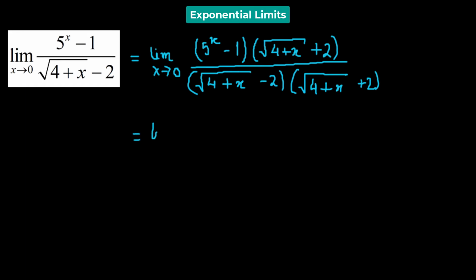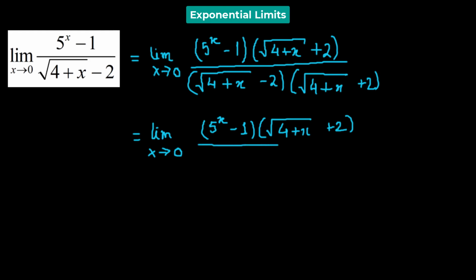So that's going to give us limit x approaching 0, 5 raised to the power of x minus 1 multiplied by square root of 4 plus x plus 2, all divided by 4 plus x minus 2 squared. So negative 2 squared will be 4.